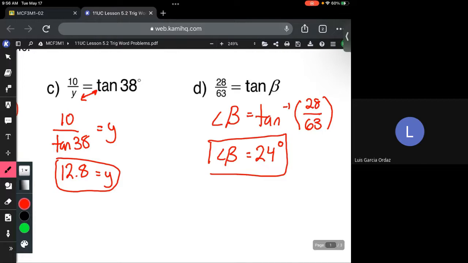Oh, I did 36, not 60. I got 0.4. Oh, yours is in radians. You have to do the fraction.